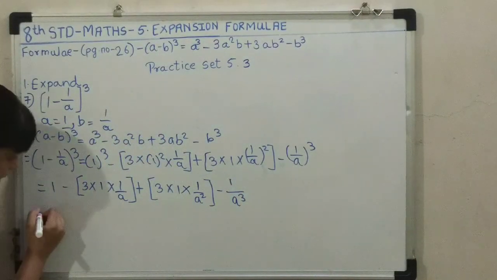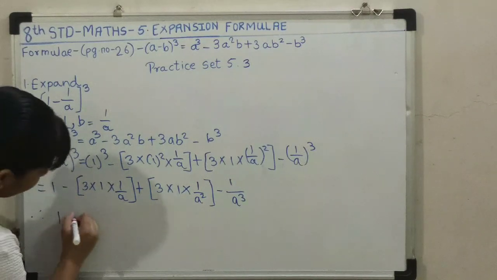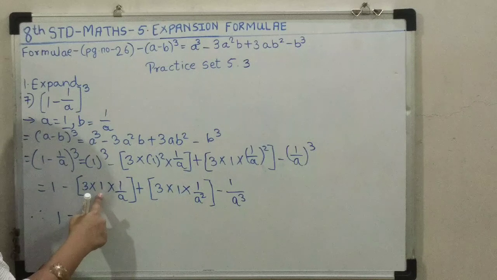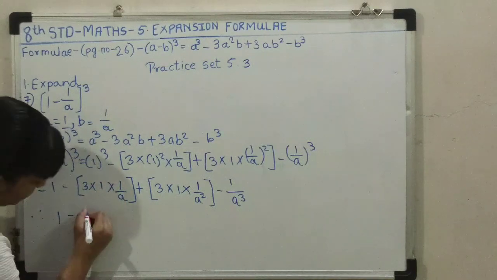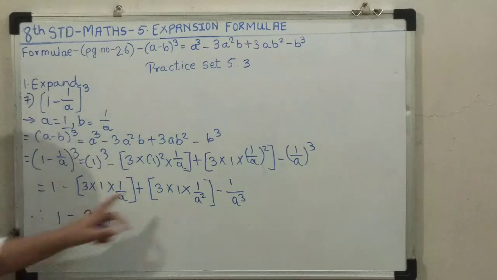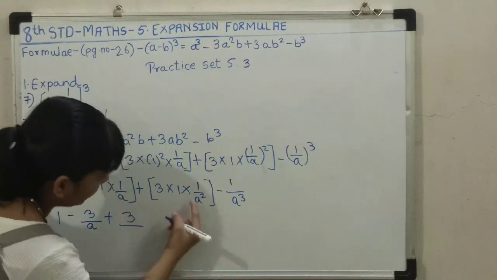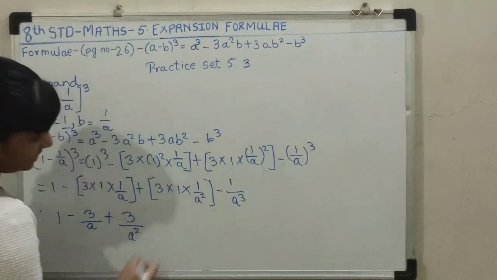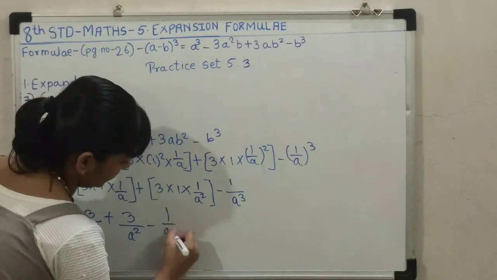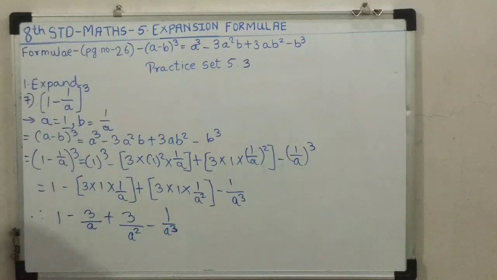So here the final answer will be 1 minus 3 into 1 is 3 only, and 3 into again 1 is 3 only, 3 upon this a will remain as it is, plus 3 into 1 is 3, and 3 into 1 is 3 only. So 3 and this a² will remain as it is, minus 1 upon a³. So this will be our final answer.